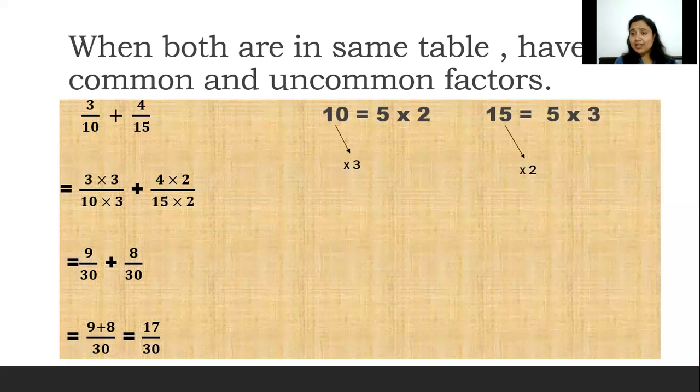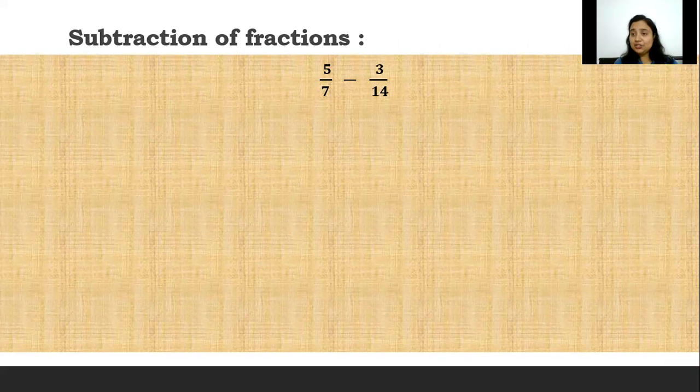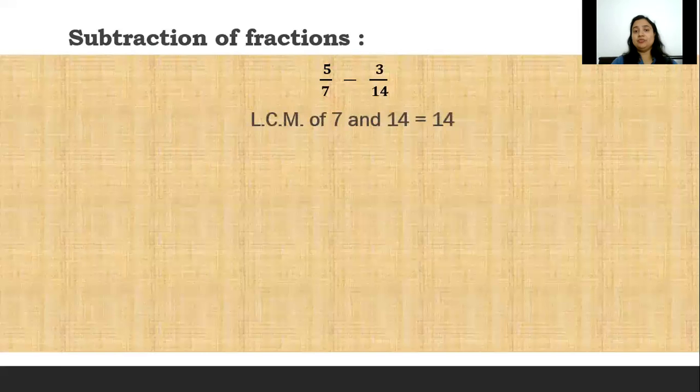Let's see the next one. Subtraction. Subtraction of fractions is just the same as addition, only the difference is that you have to subtract the numerators. So all the steps are the same. Step 1 is to find the LCM. If you find the LCM of 7 and 14, it will be 14, because 7 twos are 14.